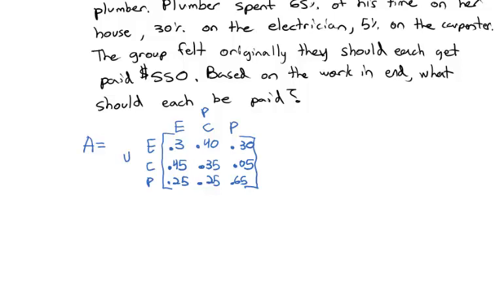So what we need to find is the equation: the identity minus the A matrix times x equals 0.